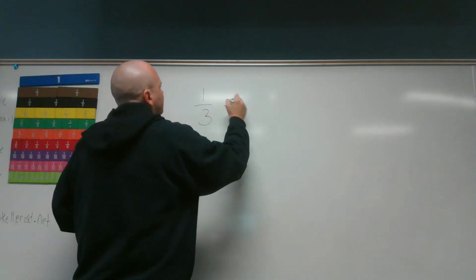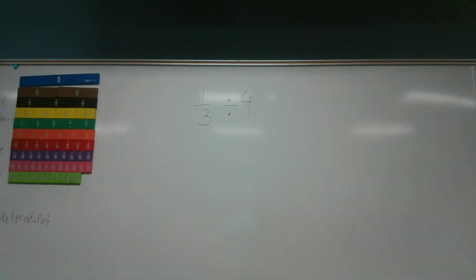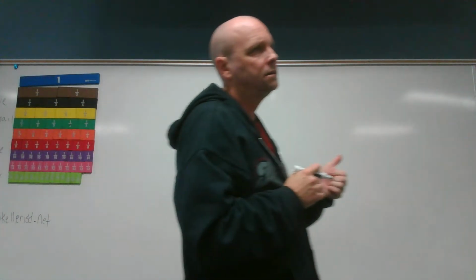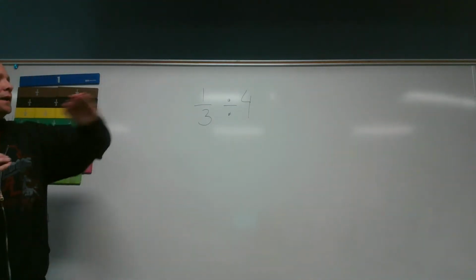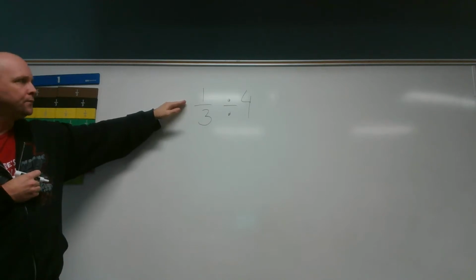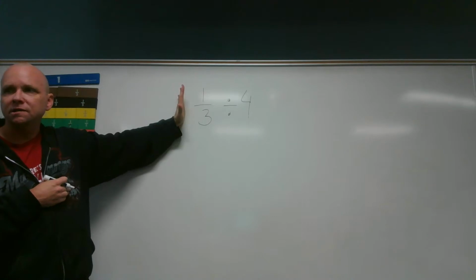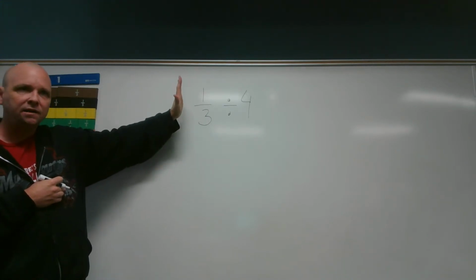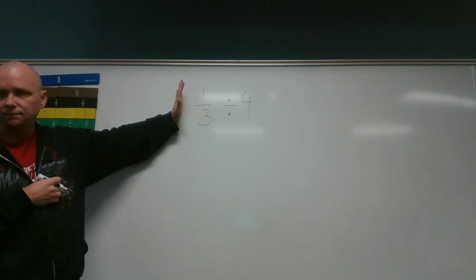So let's take first the problem 1/3 divided by 4. That is on the back. One of the things we know when we're dividing by a unit fraction, which is a fraction that has a numerator of 1, if the unit fraction is the one being divided, my dividend, then my answer is going to be a fraction.